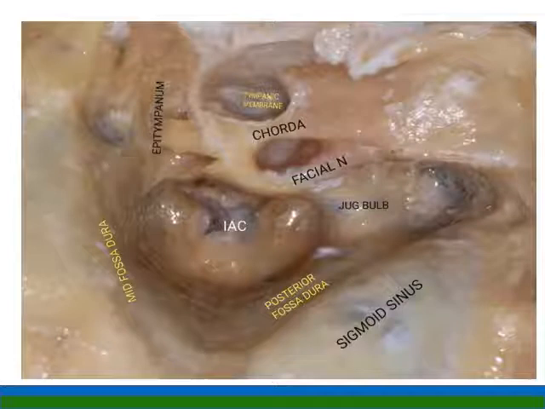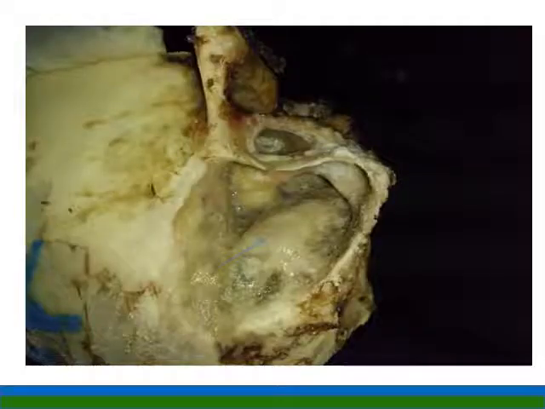That we can see later on. Above the external auditory canal you can see the epitympanum, the attic area, and the posterior fossa dura. Behind that you can see the bluish colored structure, which is the sigmoid sinus. So you are operating very close to the sigmoid sinus. Here also the bluish arrow is showing the sigmoid sinus.